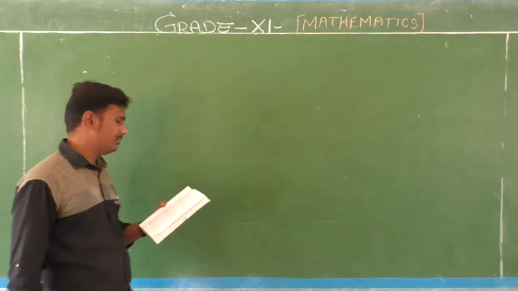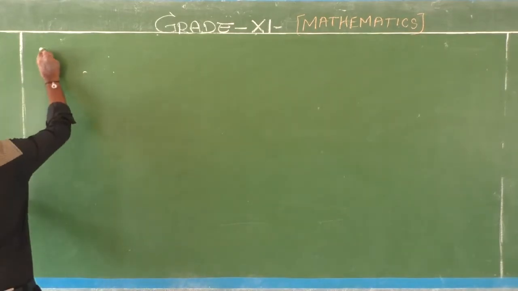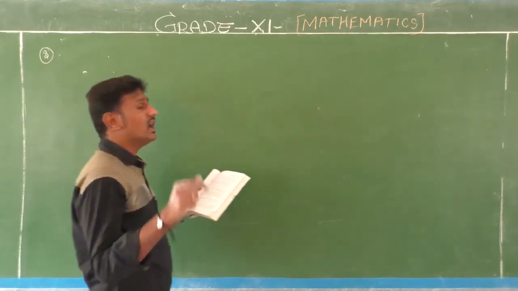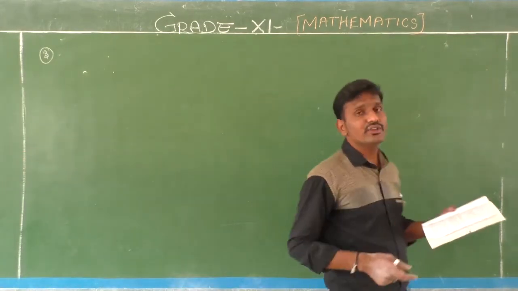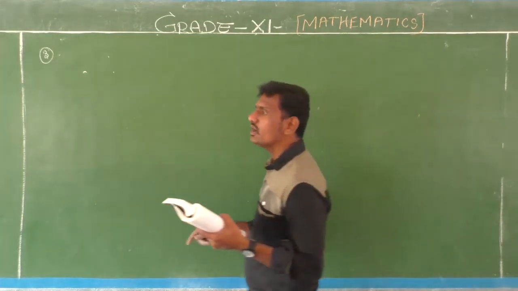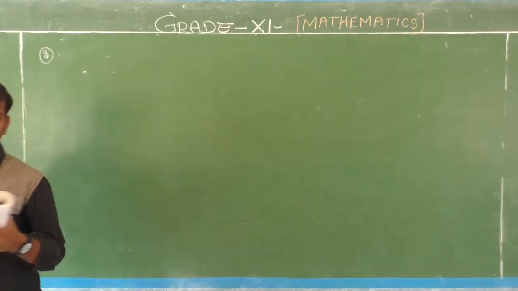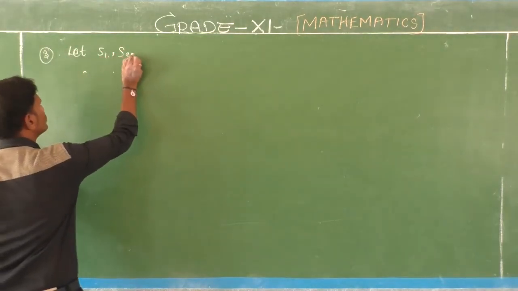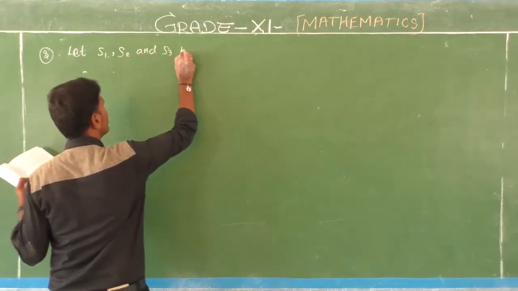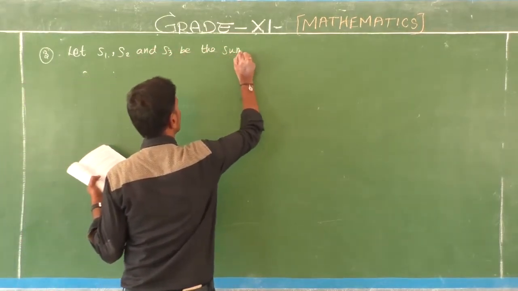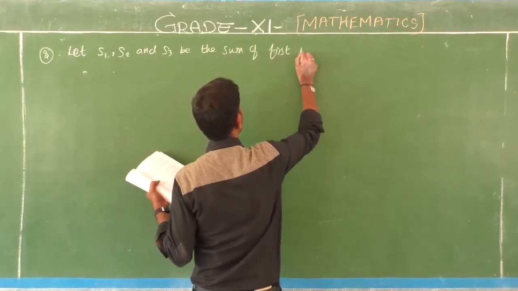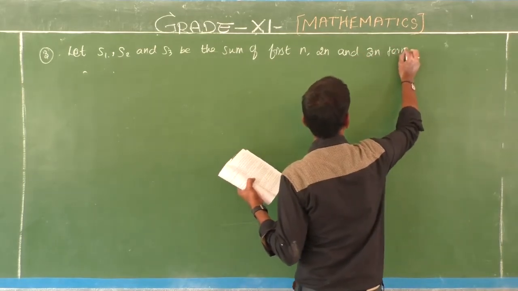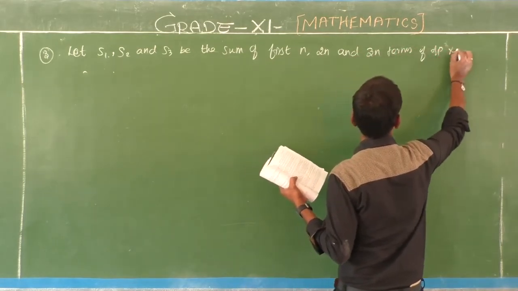Yes, students. The third question I am going to give you now is: let the sums of n, 2n, 3n terms of an AP be S1, S2, S3 respectively. Let S1, S2 and S3 be the sum of the first n, 2n and 3n terms of an AP respectively.